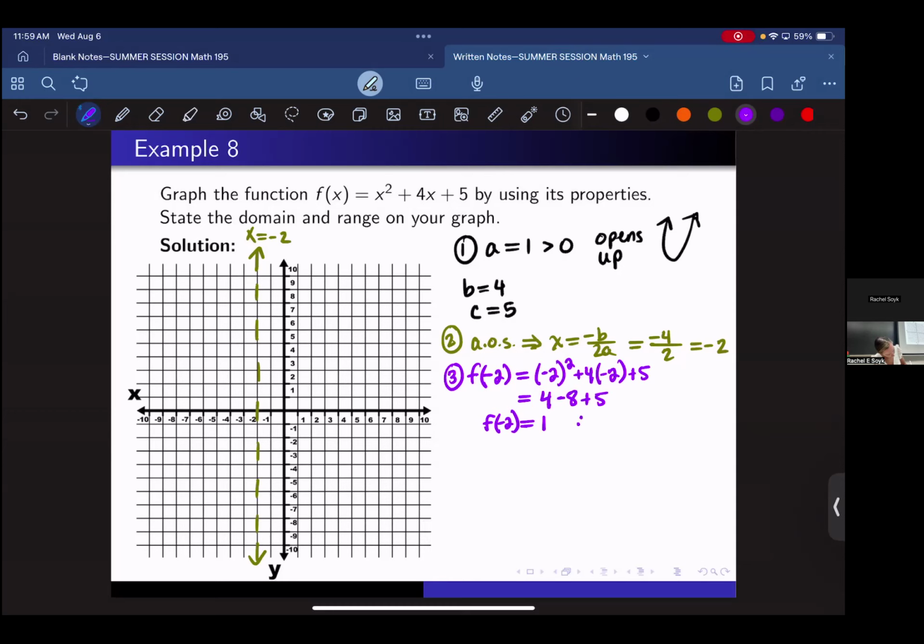Therefore, your vertex is negative 2, comma 1. And that's going to be your minimum value.